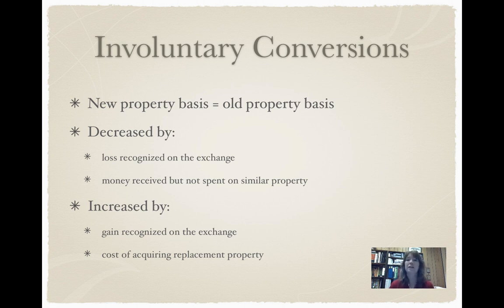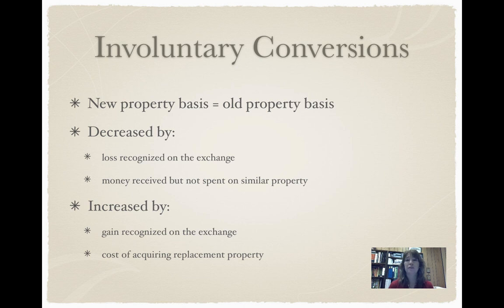We are then going to increase our new basis by any gain that we recognize on the exchange. If you have to recognize gain on your tax return due to the exchange, so the exchange was taxable, then you're going to add that amount that you recognized to your new basis. If you have to spend any money to acquire replacement property, you're going to then add that amount to your basis.